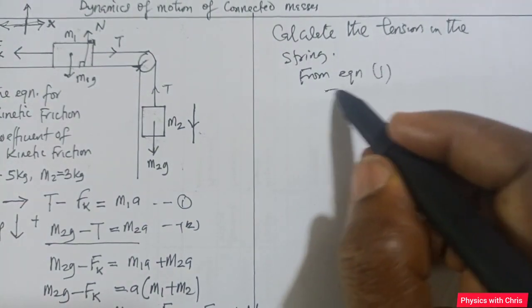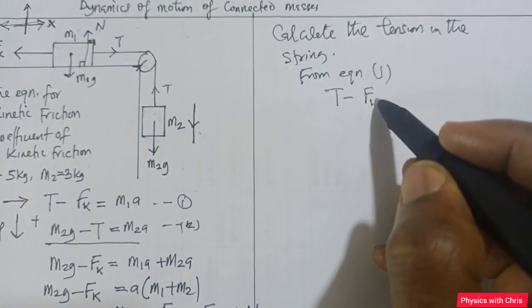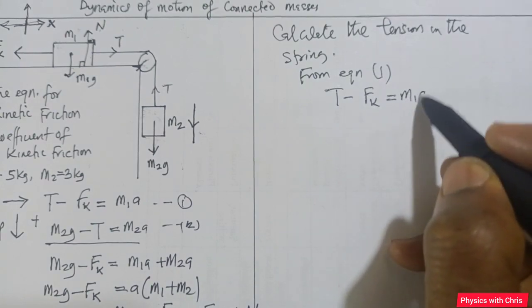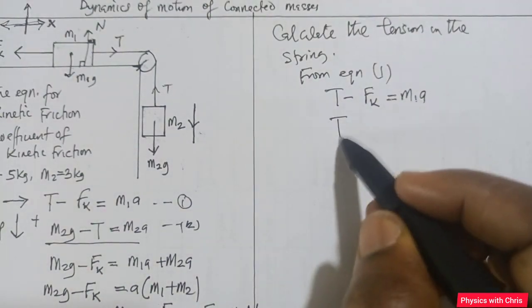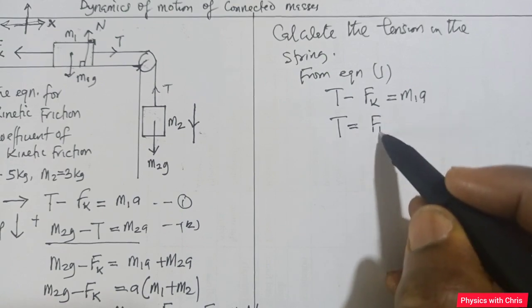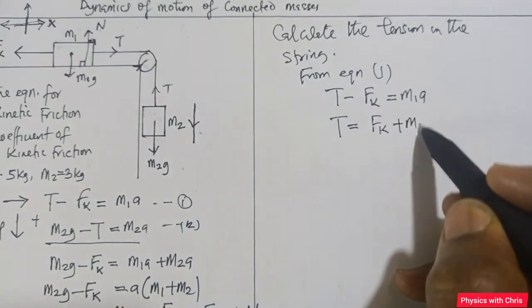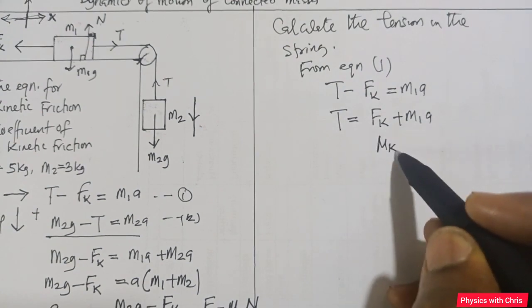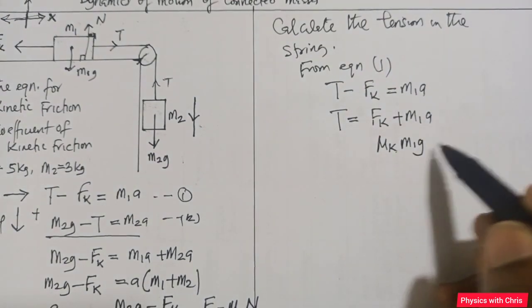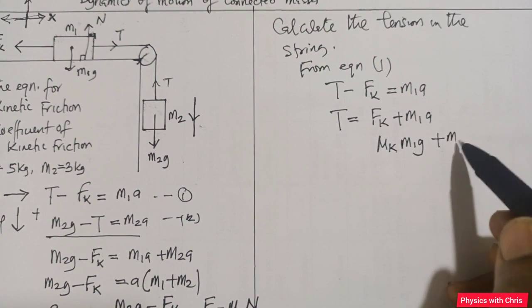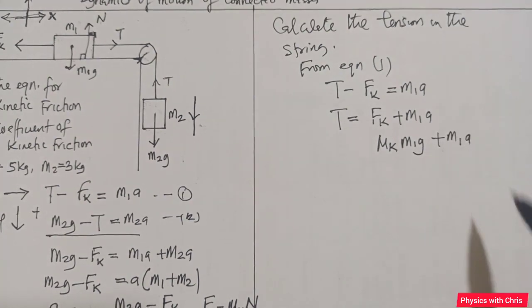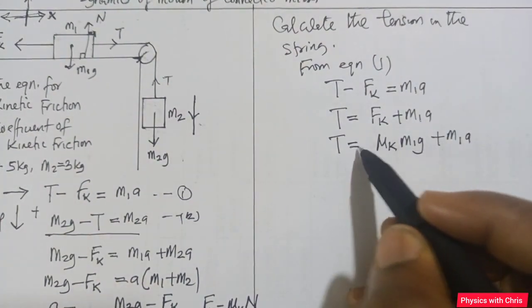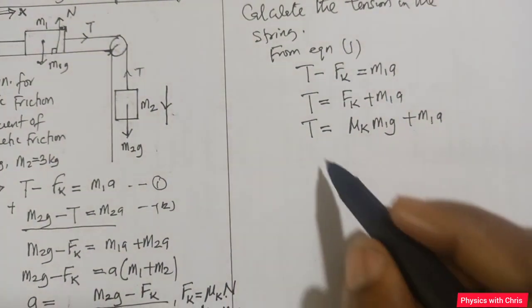I have T minus kinetic frictional force equals M1 times A. So the tension in the string will be Fk plus M1A. My Fk is mu k times M1G, which is the normal force, plus M1A. That's the equation I need to use to find the tension in the string.